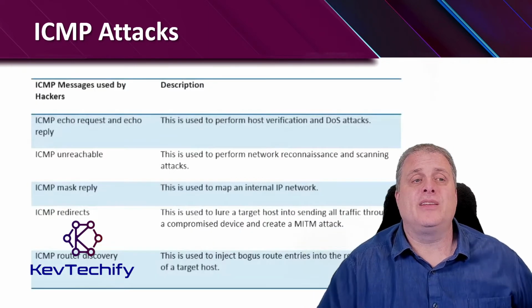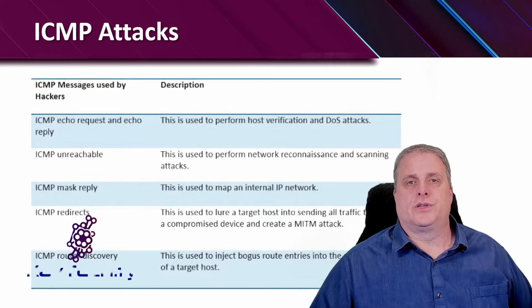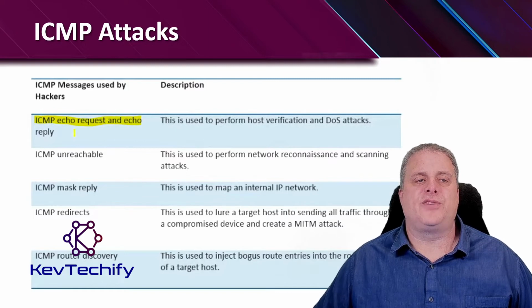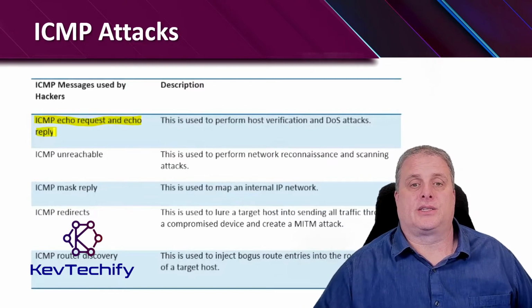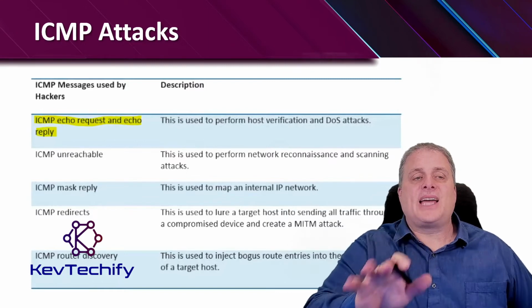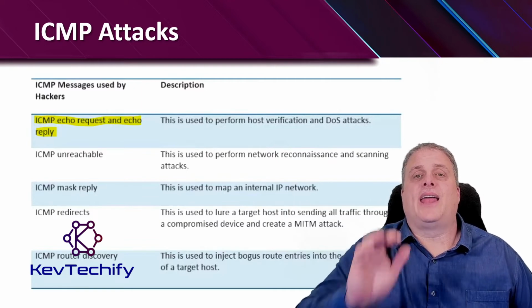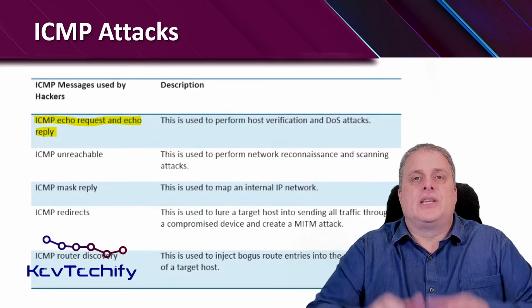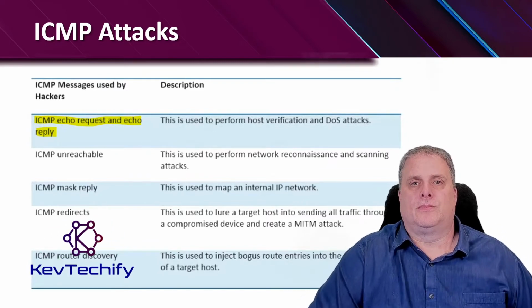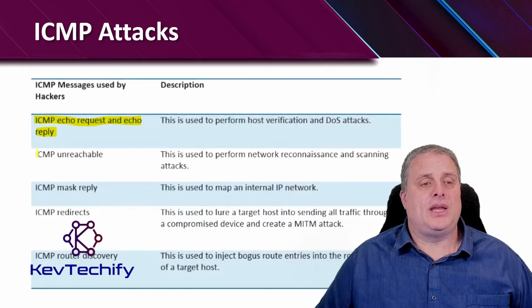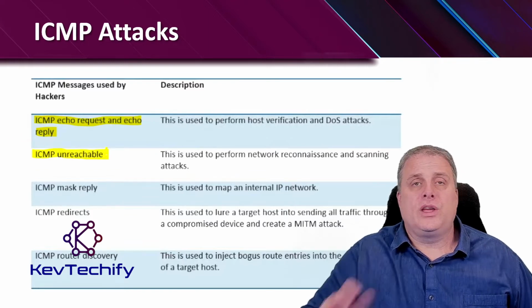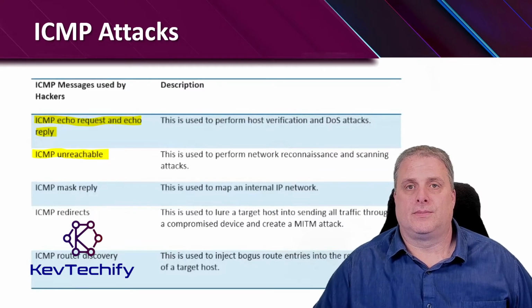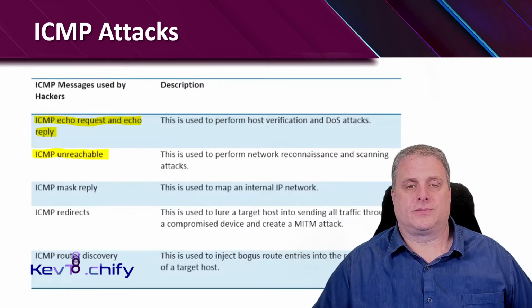ICMP attacks by themselves have a variety of different uses. But commonly, it's going to be for host verification and denial of service attacks. And that's usually the ICMP echo request and echo reply, which are the standard messages in a ping message. With ICMP unreachable messages, we can perform network reconnaissance and scanning attacks.